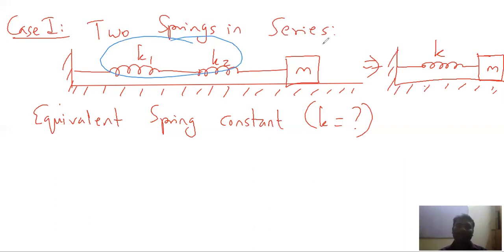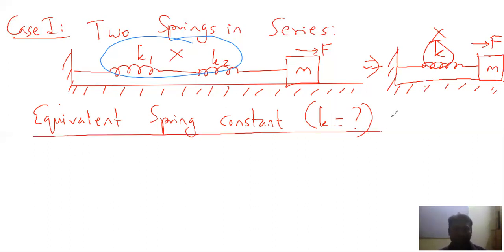So if I apply an external force on this mass, the two springs will have some extension x. If I apply the same force F on the mass, then the same extension x occurs in the equivalent spring. So let us try to find the equivalent spring constant for springs in series, like resistors in series.